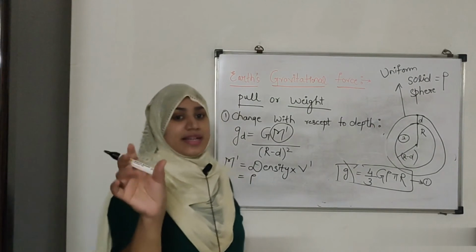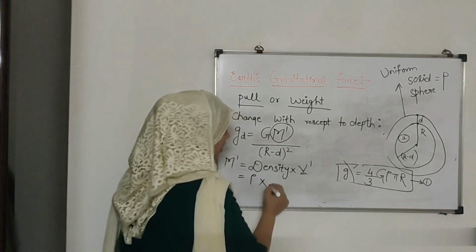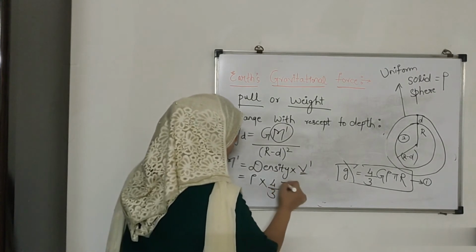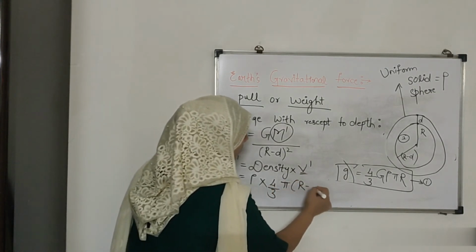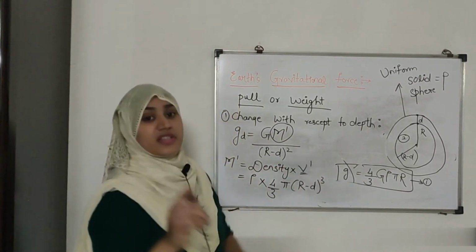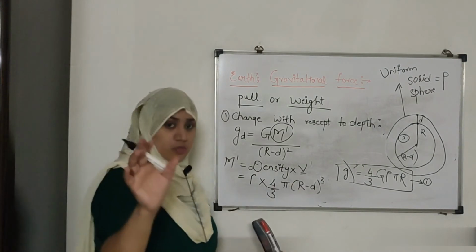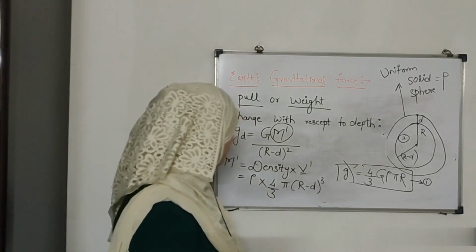That means its mean density is rho. Now this volume is what? 4 by 3 pi, now (r minus d) the whole cube. Why are we taking this? The volume of a sphere is always 4 by 3 pi r cube, and here the radius is r minus d.